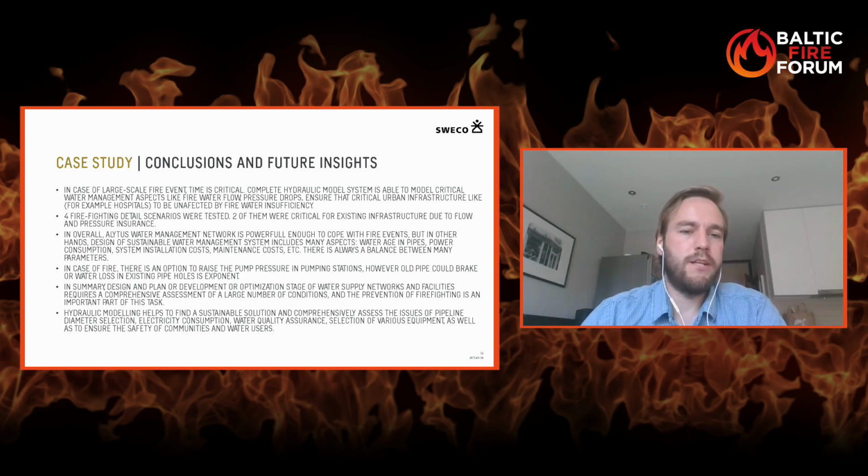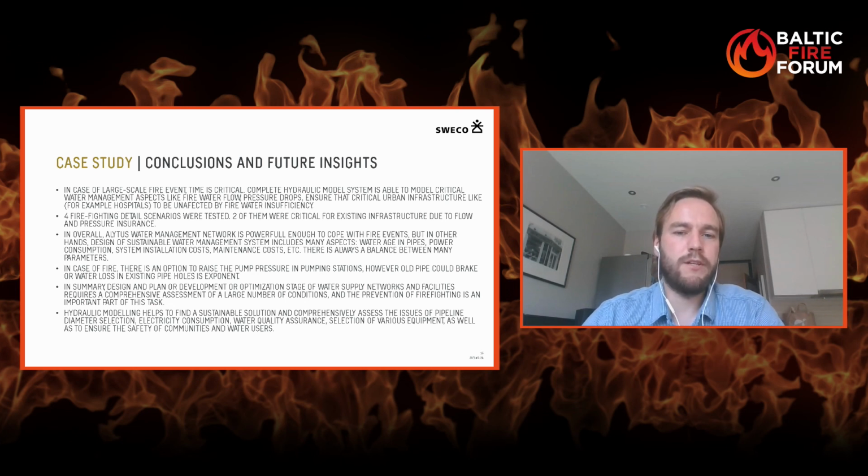Overall, the Alytus water management network is powerful enough to cope with fires, but on the other hand, the design of a sustainable water management system includes many aspects, not only fire flows.